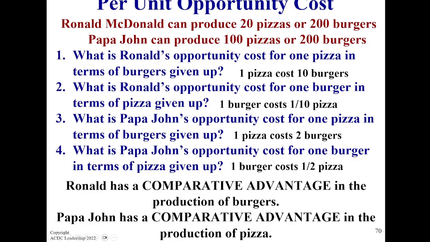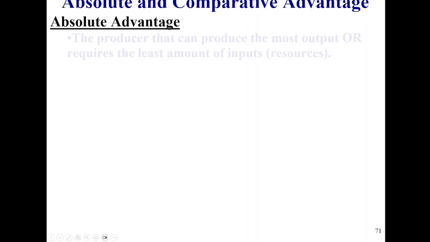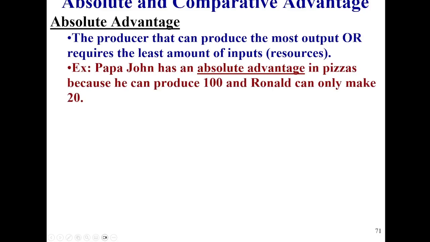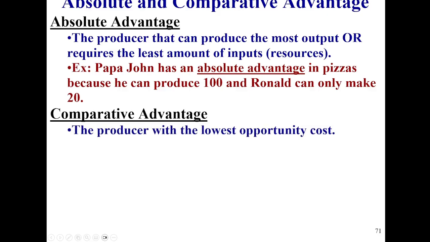What is their per unit opportunity cost that they're giving up? And that's how we determine terms of trade, right? So absolute advantage: produce the most output, requires the least amount of resources. So Papa John has the absolute advantage in pizzas, because he can produce 100 and Ronald can only make 20. But for comparative advantage, it's the producer with the lowest per unit opportunity cost.